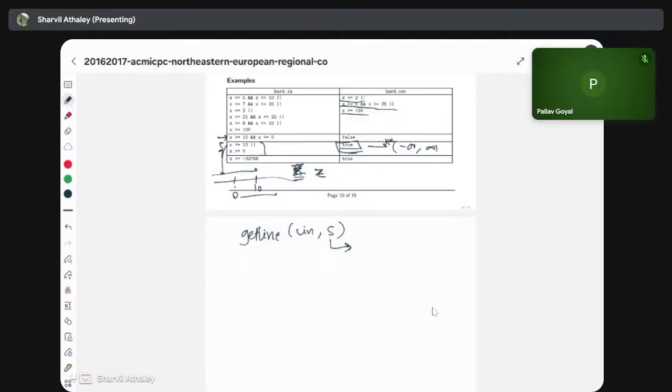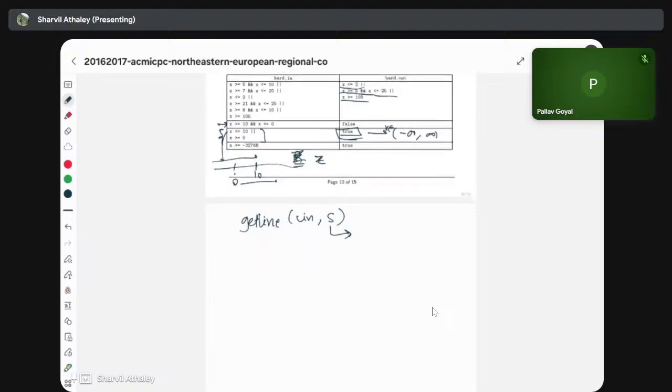You'll input this whole string in the variable s, and now you'll maintain disjoint unions of intervals.